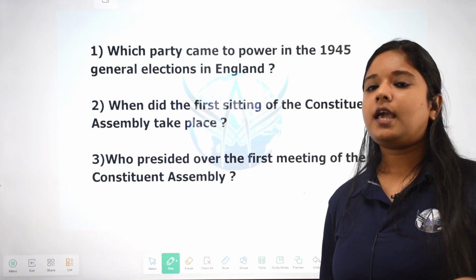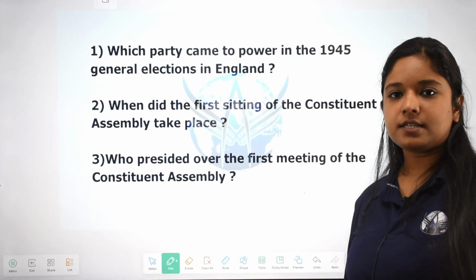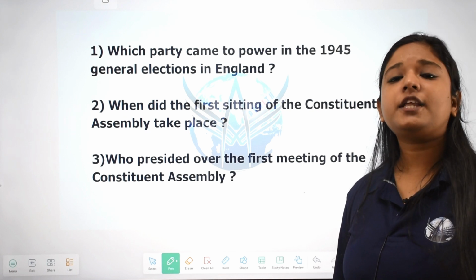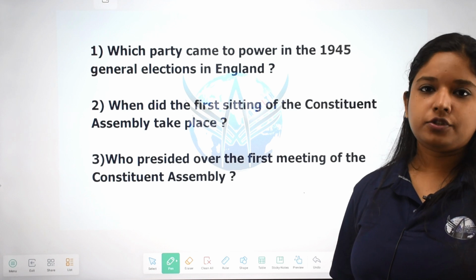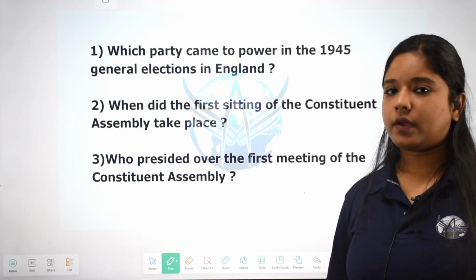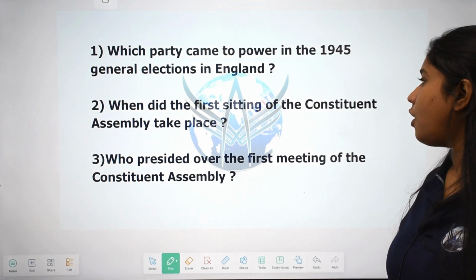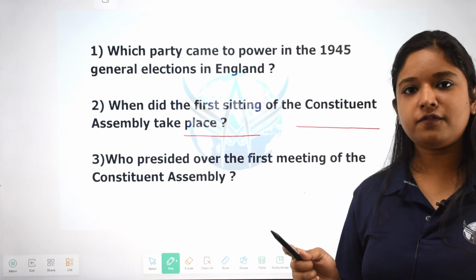So the party sent the cabinet mission to India. Under the initiative of the cabinet mission, the Constituent Assembly was formed, and the first sitting of the Constituent Assembly took place on 9th December 1946.